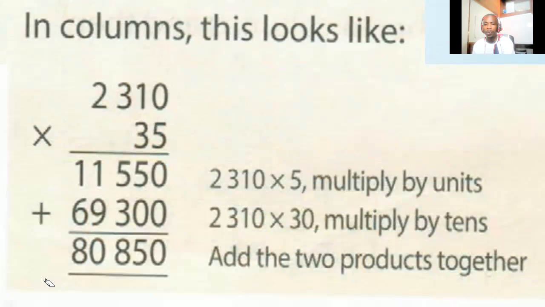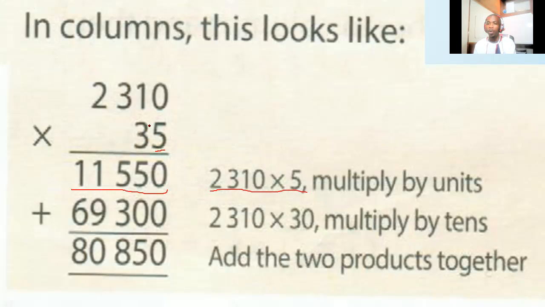We have our 2,310, right? Then we are multiplying by 35. How do we do it? We start by using 5 times 2,310. It is this one. And we get this answer, right?